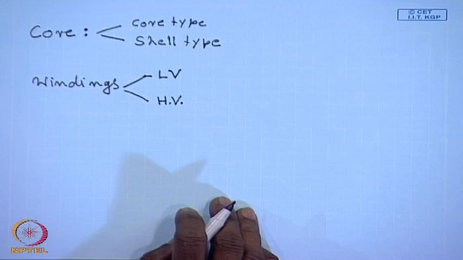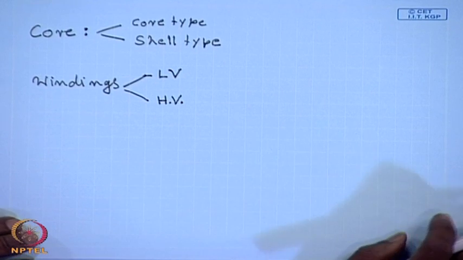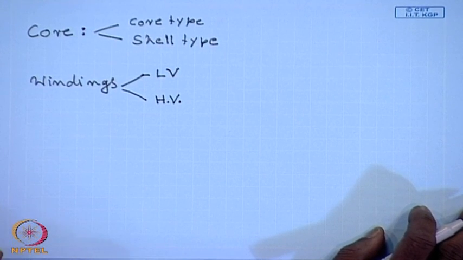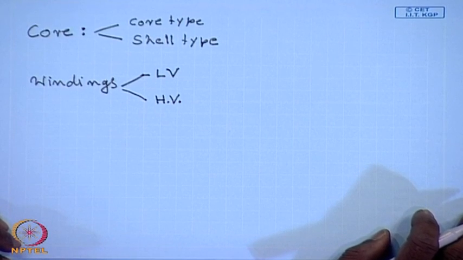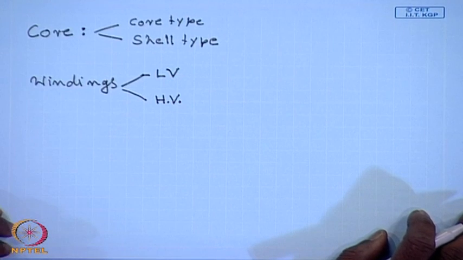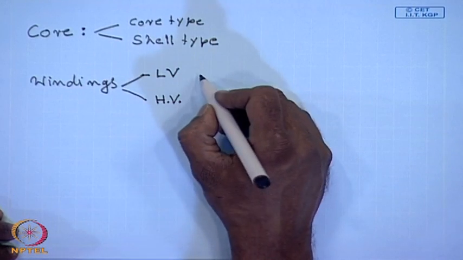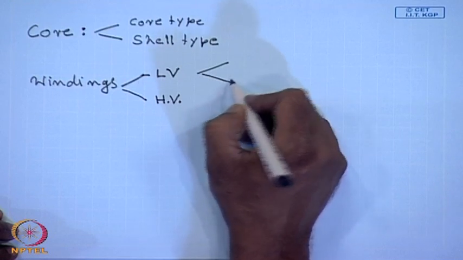The windings are made up of aluminum or copper conductors, either round or square cross section. Square cross section conductors can be made up of solid conductor or multiple strips connected in parallel. The LV winding are usually of two types.